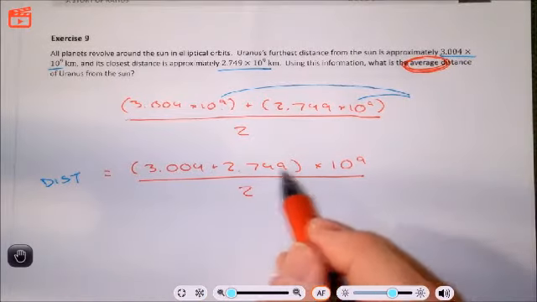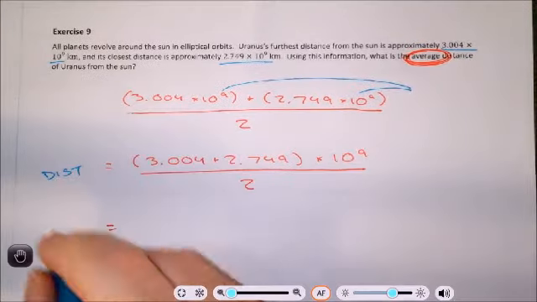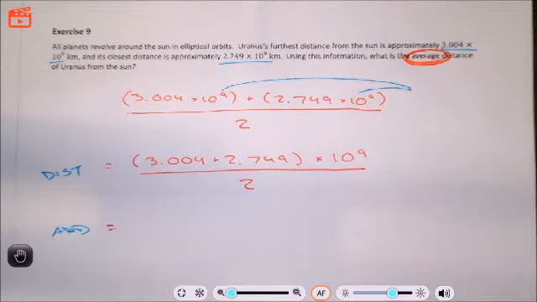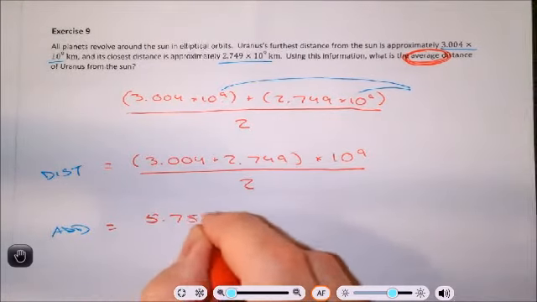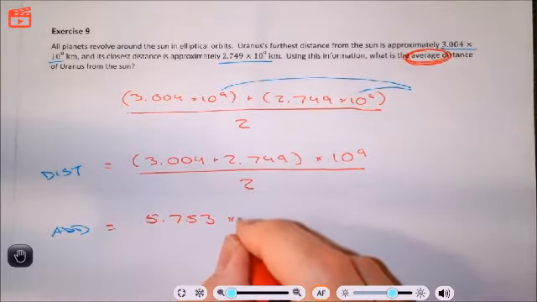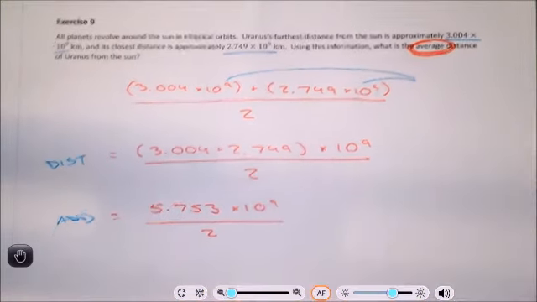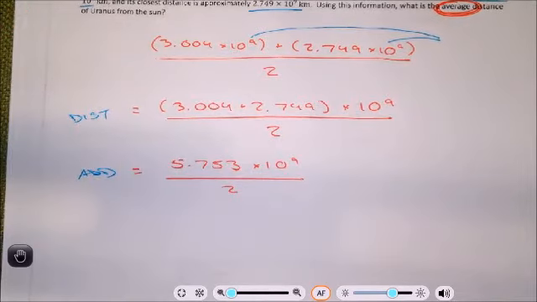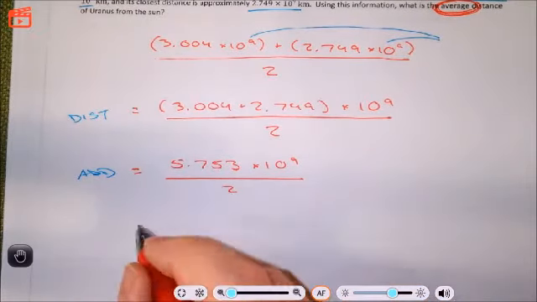Then we're going to add the two numbers we have in the parentheses here. The next step is to add, and you should get 5.753 times 10 to the ninth over 2 after you add those. Next thing I'm going to do is separate the numbers and the exponents.